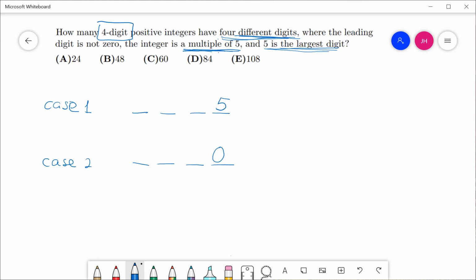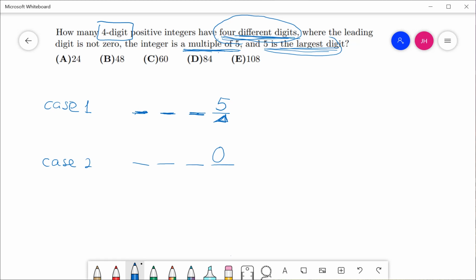All right, the next thing I see is 4 different digits, and also, 5 is the largest. So we have a 5 now. Let's look at case 1 for the moment. We have a 5 already, which means the first 3 digits can't be 5.